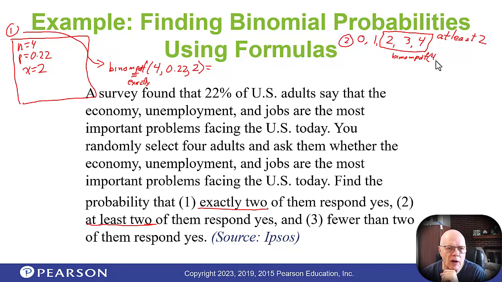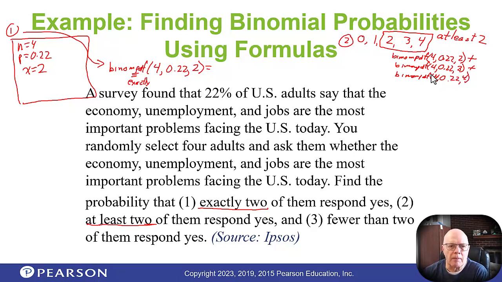So it'd be binomial PDF 4, 0.22, 2, plus, you need to add in 3, so you add binomial PDF, sorry, a little sloppy here, 4, 0.22, and we want 3 this time, plus binomial PDF, 4 trials, probability of 0.22 and 4.